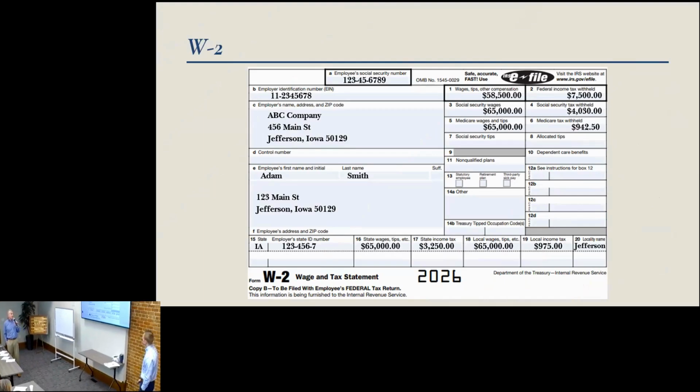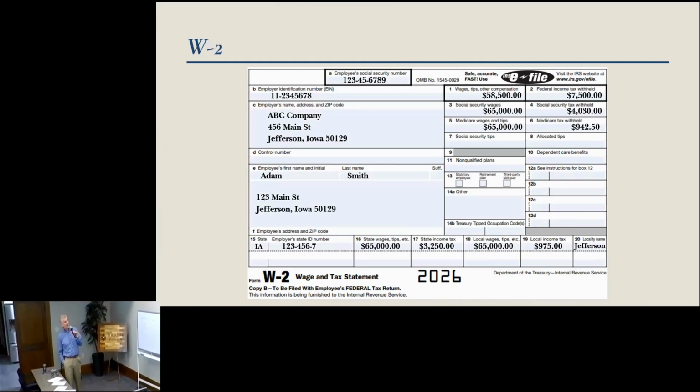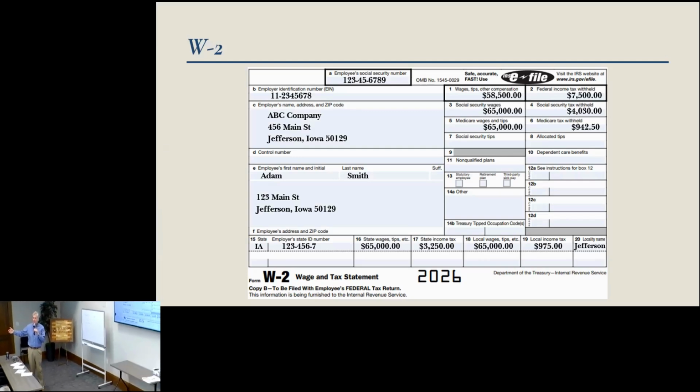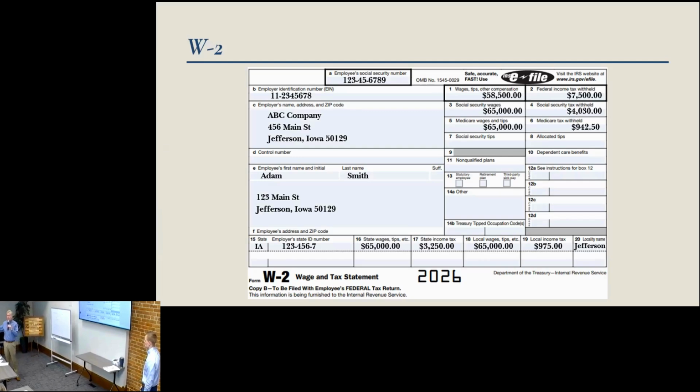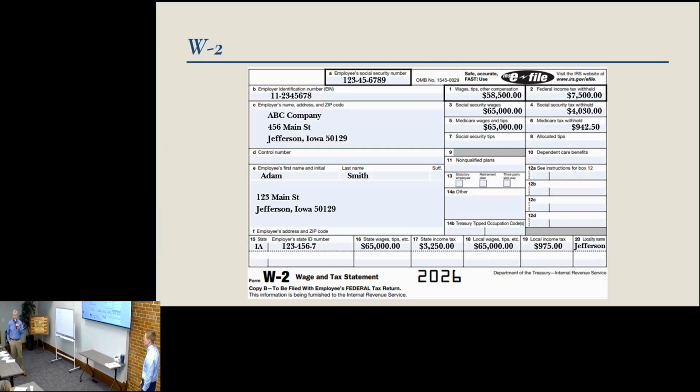And so that shows up on the W-2 where they have their gross income and then minus the $6,500, and it determines how much tax is being paid. And you can see the federal withholding, the state, Social Security withholding, and Medicare tax withholding. So it's important to know that if you're putting money in a 401(k), you're not paying federal income tax on that, but you're still paying Social Security tax.